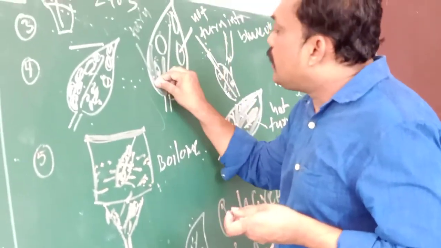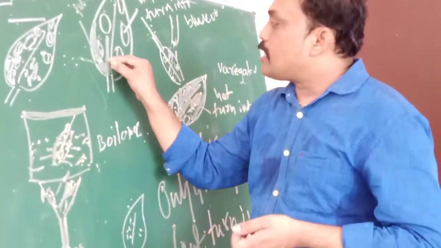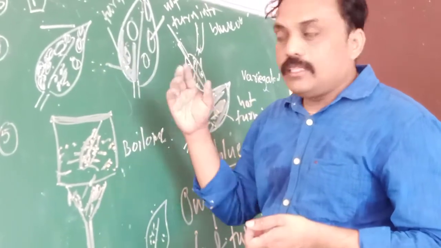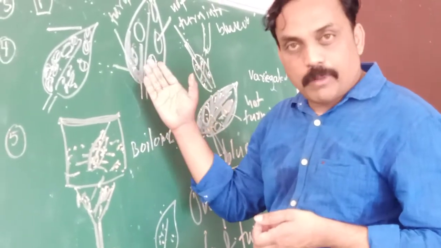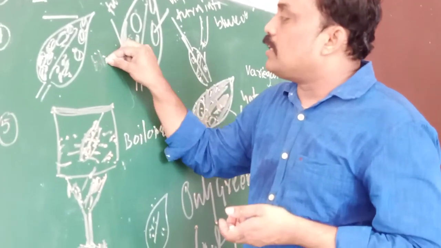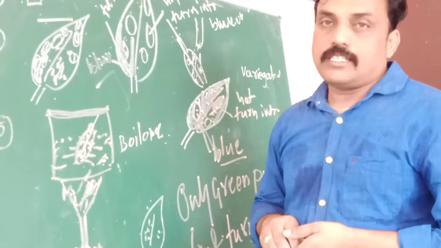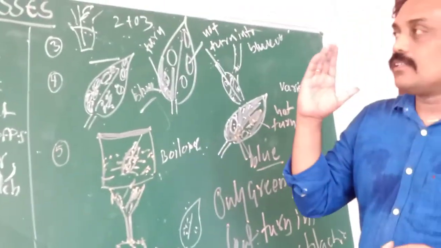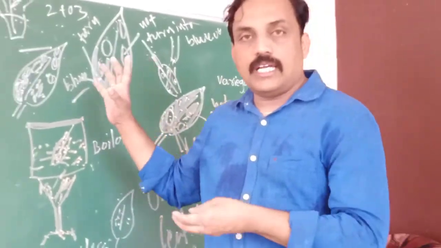Why? Because chlorophyll is present in the green color, and chlorophyll is especially useful to prepare carbohydrates, so it turns blue or blackish. This is the experiment on the importance of chlorophyll, or presence of starch in a leaf. Thank you.